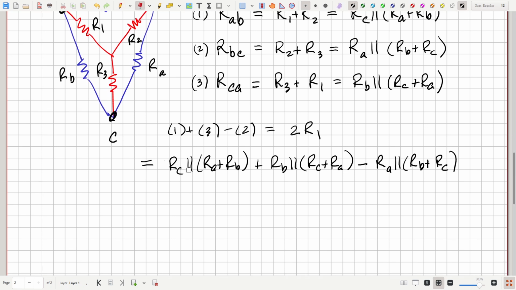All right, let's look at this first expression here: RC parallel RA plus RB. Okay, what is that? Well, it's the product over the sum, so that'll be RC times RA plus RB over the sum, which will be RA plus RB plus RC.